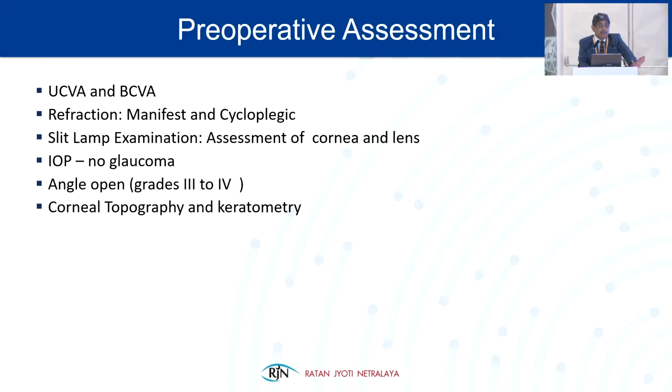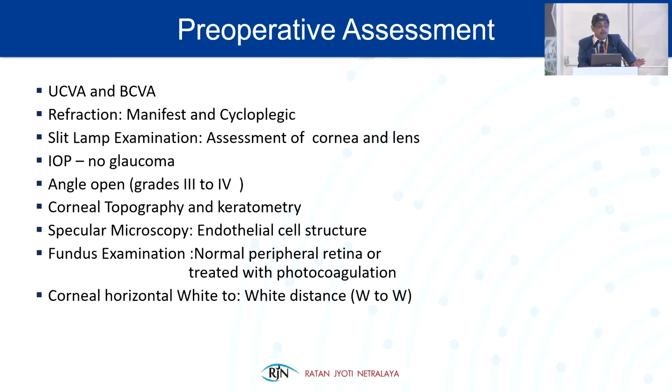So all these investigations are done: uncorrected and best corrected visual acuity, refraction, manifest and cycloplegic, slit lamp examination, mainly for the cornea and lens, IOP, no glaucoma, angle should remain open, corneal topography, tomography and keratometry are done, which is very important. Specular microscopy should be done. Fundus examination should be normal, with peripheral retina normal or treated by photocoagulation.